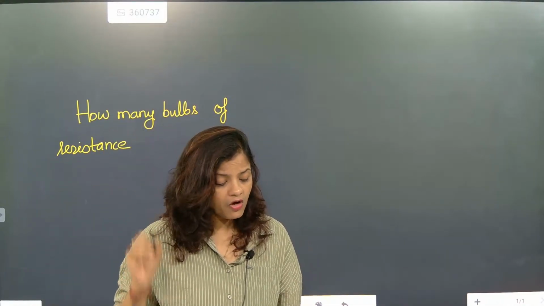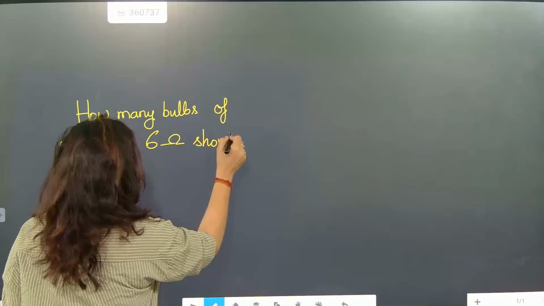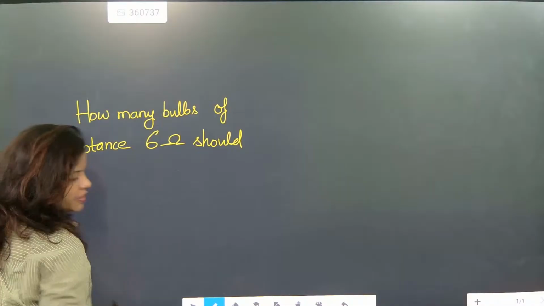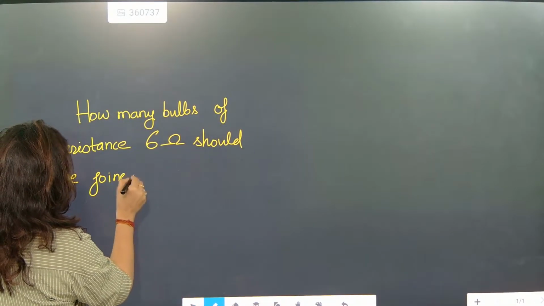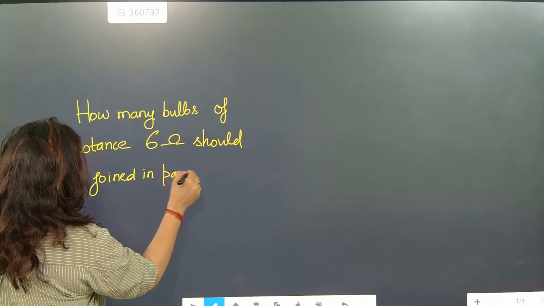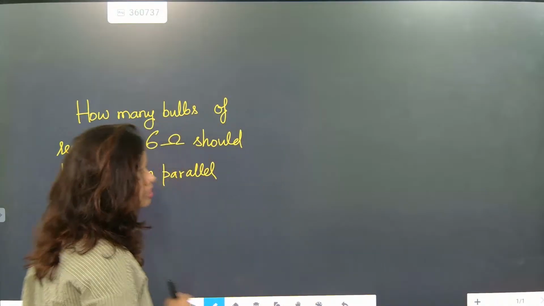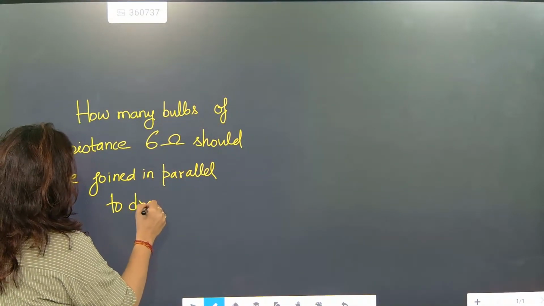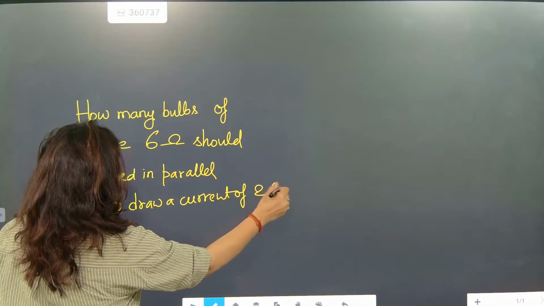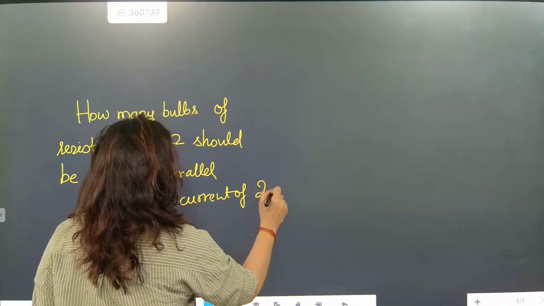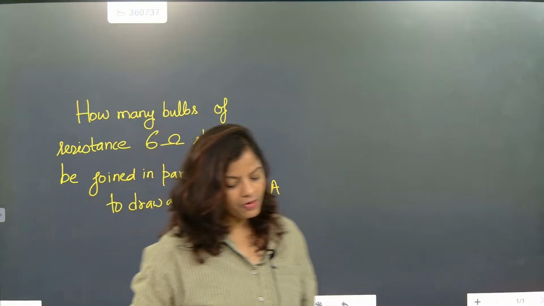How many bulbs of resistance 6 ohm should be joined in parallel to draw a current of 2 ampere from a battery of 3 volts.